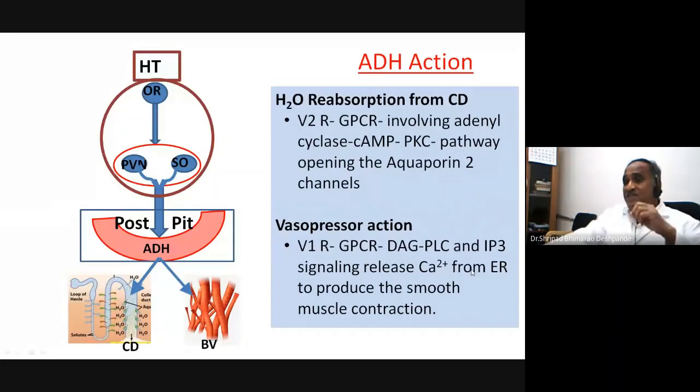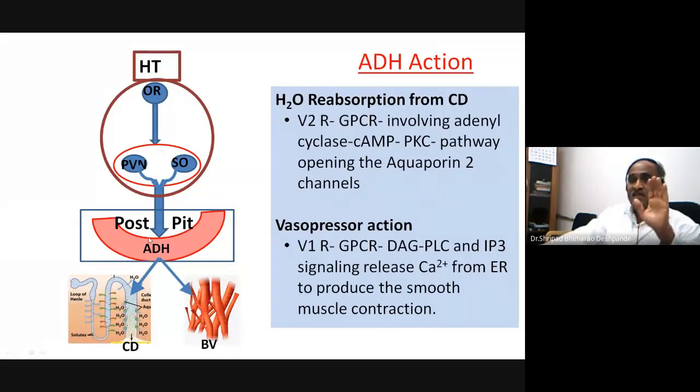That means within the cell, the calcium storehouse releases the calcium. That released calcium participates in the excitation-contraction coupling of the smooth muscles. That produces smooth muscle contraction, and this produces vasospasm and increases the blood pressure.